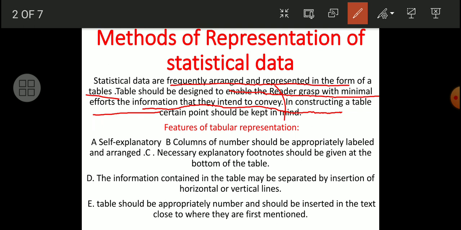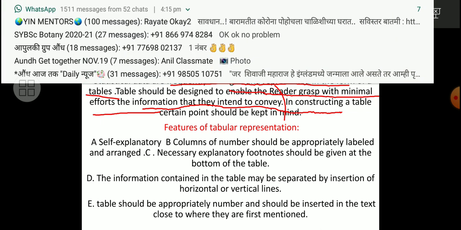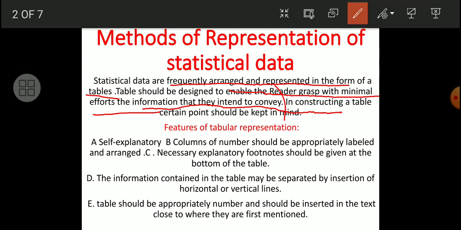So with the help of a tabular form, we have to design such a table, or write the data into the table, so as to enable the reader to grasp with minimal effort the information that they intend to convey.